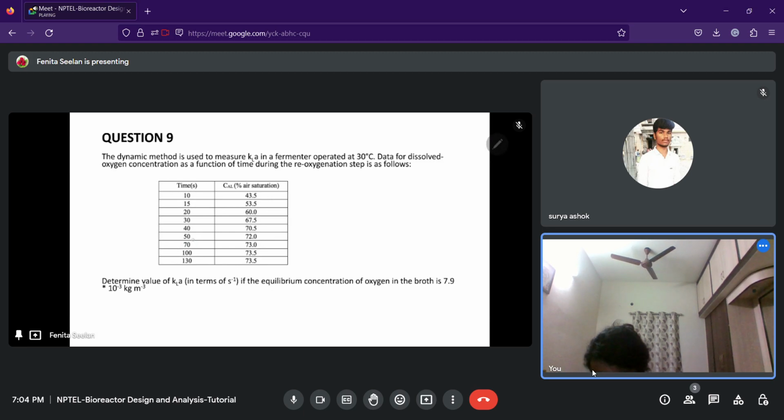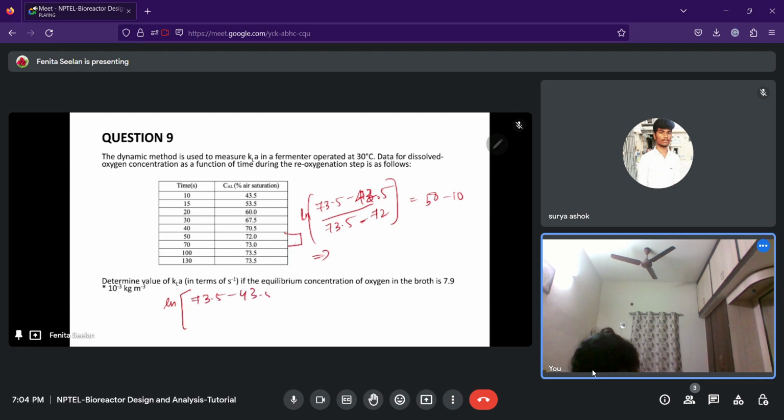Solve this and let me know the answers, then we will see how to plot the graph.